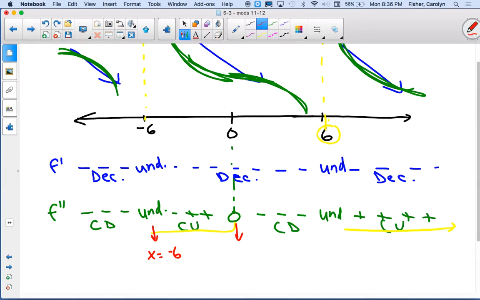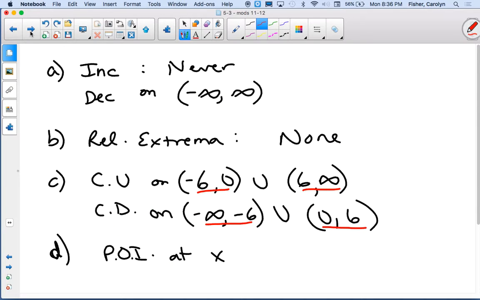It's also changing signs here at x equals 0, and it's changing signs at x equals 6. So putting that on here, x equals -6, 0, and +6.